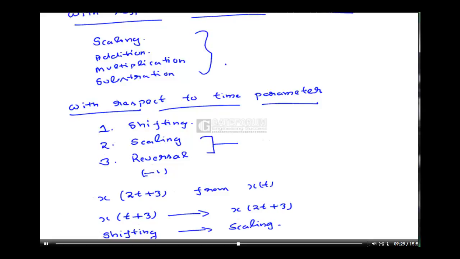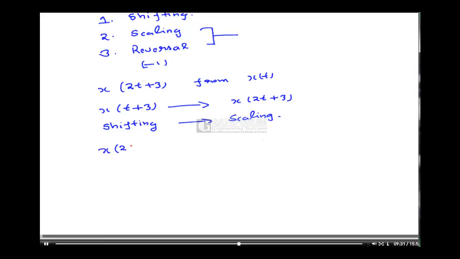Suppose if we take it the other way around, suppose I take x of 2t first and then shift it by 3, that will become x of 2 times t plus 3, which is equal to x of 2t plus 6, not equal to x of 2t plus 3.